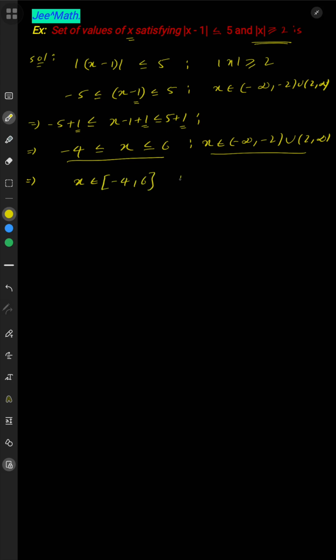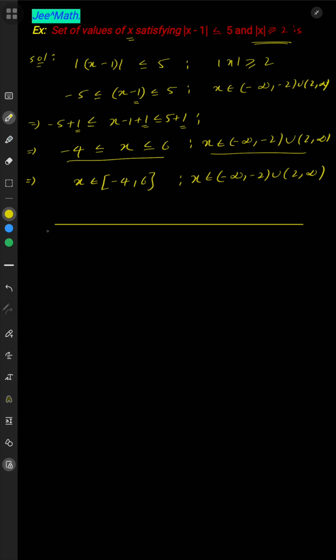And from the second inequality, (−∞, −2] union [2, ∞), right? To get common values, generally we take the real line. On the real line we can find the common values. Among all these numbers, write the lesser number first.